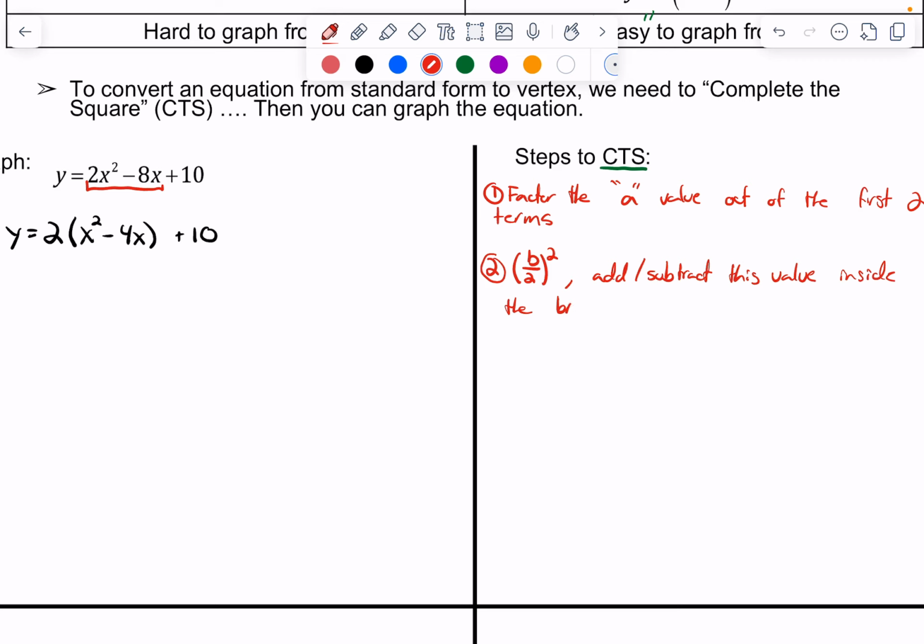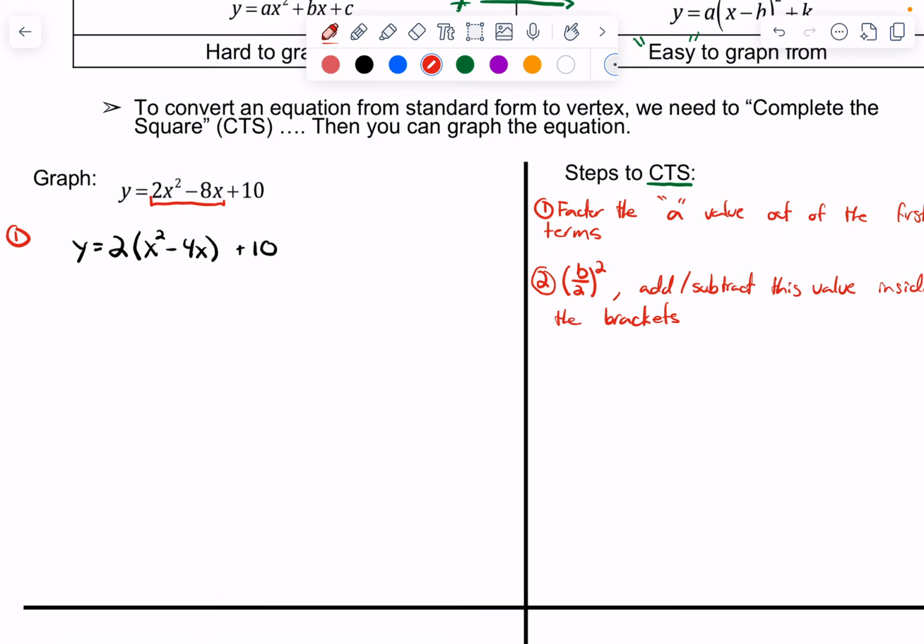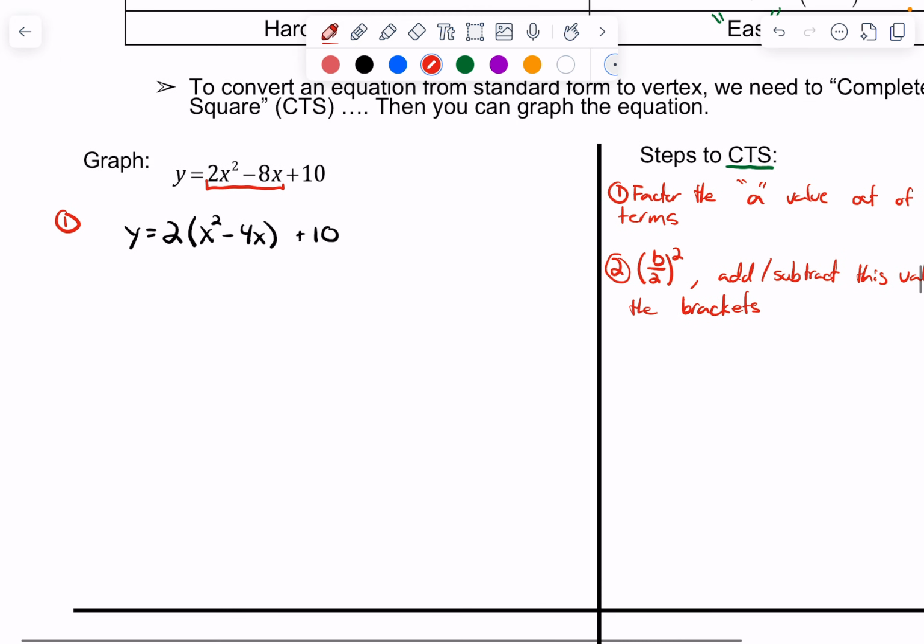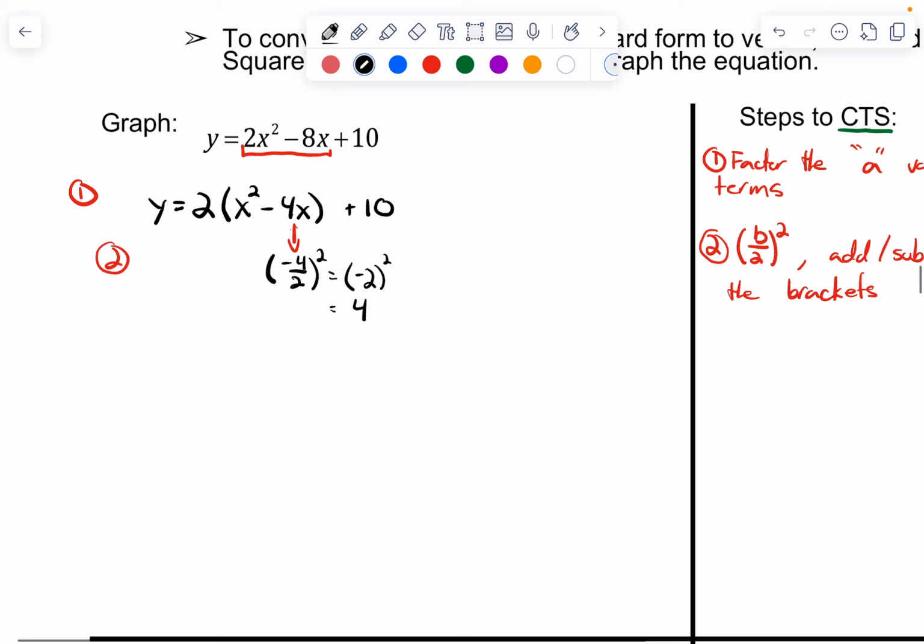This step 2 is honestly the part that a lot of people mess up on. So we take this value right here, and that value is minus 4. You take minus 4 divided by 2, and square it. Inside the brackets, you would get minus 2. Squaring it, you get 4. So we need to add and subtract that value.